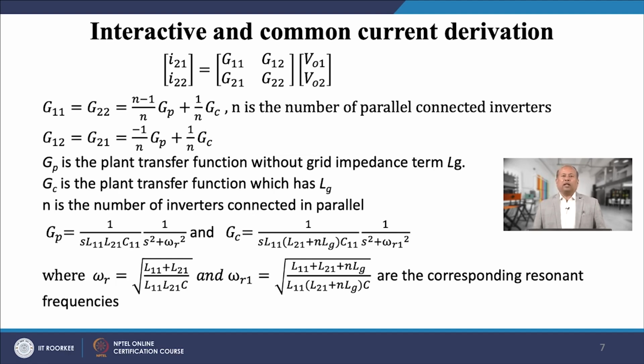These components actually transfer the power from the inverter to the grid. So, the philosophy of parallel inverters connected to the grid, and which component is responsible for power transfer, is now understood. Similarly, the current component of I21 due to VO2, represented by G12, and the current component of I22 due to VO1, represented by G21, have identical behavior.